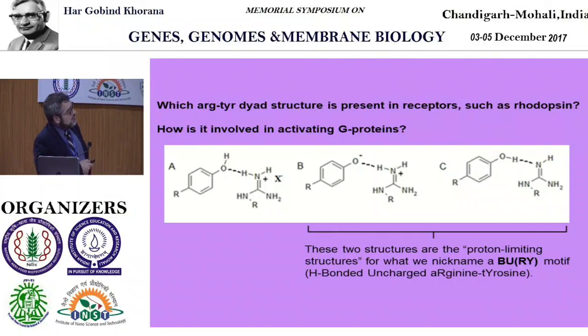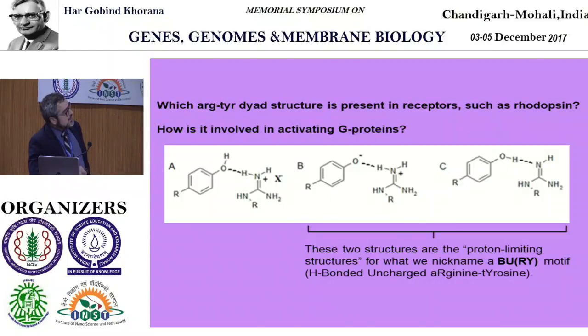There are three general possibilities that you can imagine for canonical representations of an arginine-tyrosine interaction inside a membrane protein. One is this first one, where both are protonated, and there is an external or a different counterion that is also present. And this is the one that looks like is probably present when you have the transducin C-terminus there, where the X minus here is the carboxyl group of the transducin.